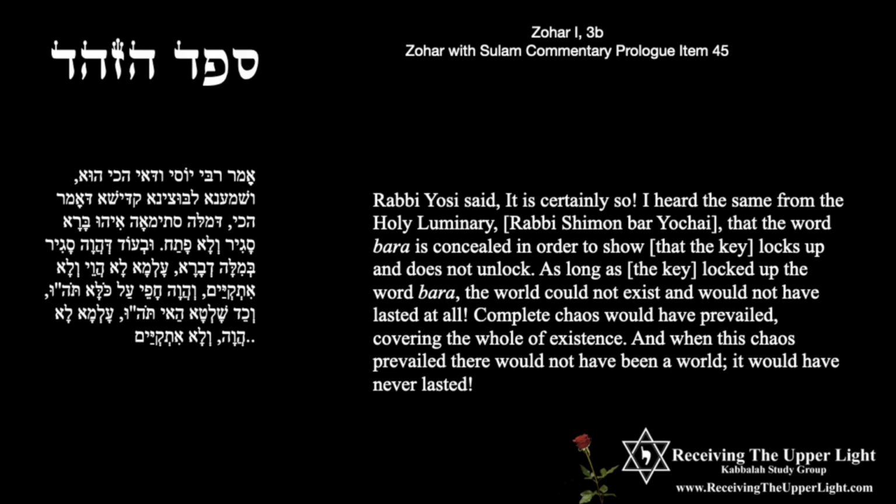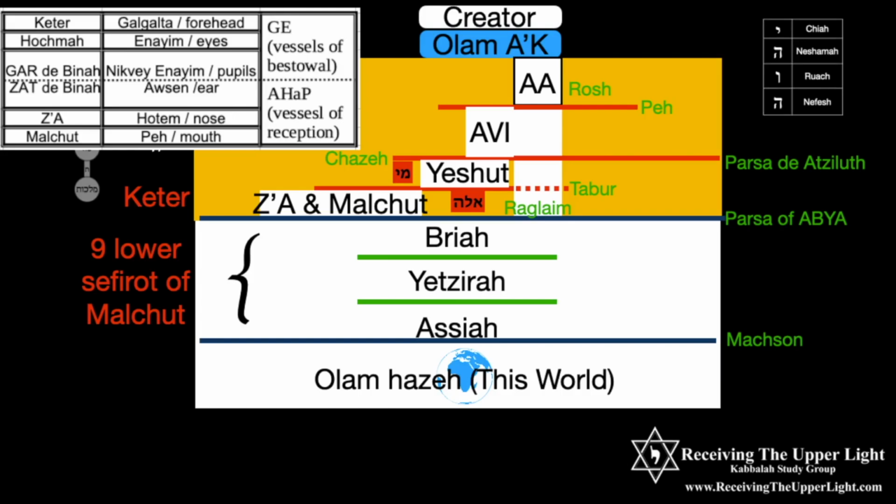But before we start, I just want to make clear that we are at this moment talking about the world of Atzilut. And in the past, when we were talking about Malchut being elevated to Nikveh and Aim, and then when Ateret Yesod, which was taking the place of Malchut, unlocks the lock for the light to flow all the way down, then Malchut descends in order to receive that light.